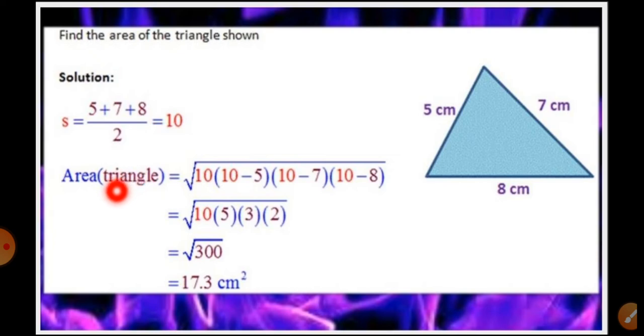Then the area of the triangle is root over of s into s minus a, s minus b and s minus c. So 10 into 10 minus 5 into 10 minus 7 into 10 minus 8. After calculating it, the answer becomes 17.3 centimeter square. Since it is the area, we put the unit centimeter square. Remember it, centimeter square.